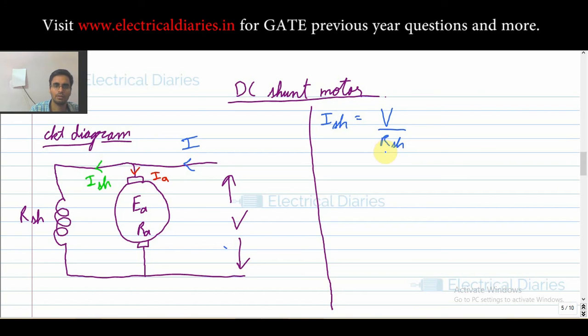If RSH and V are constant, then your shunt field current will not vary, and if this current does not vary, then the flux in the machine will not vary. So your shunt motor acts like a constant flux motor, and that is a very important part, because your flux depends only on the supply voltage. So this is our first equation.